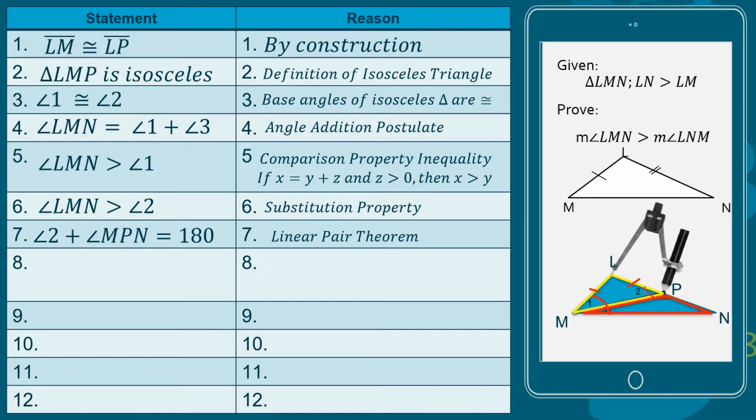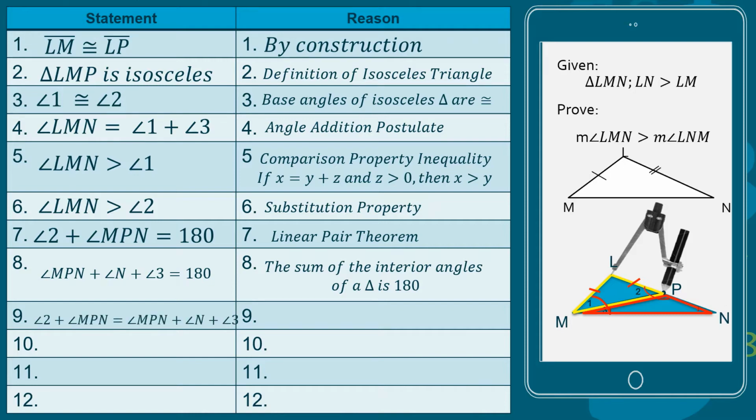So, what can you say about the interior angles of the given triangle? Correct. It is equivalent to 180 degrees. So, angle MPN plus angle N plus angle 3 equals 180 degrees. And the reason: the sum of the interior angles of a triangle is 180 degrees.